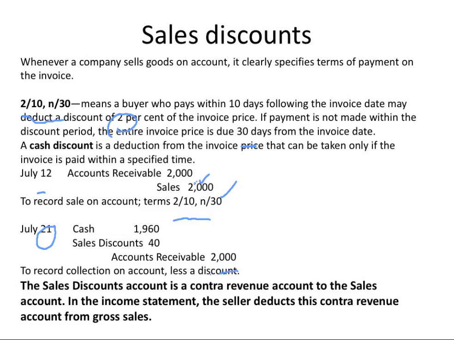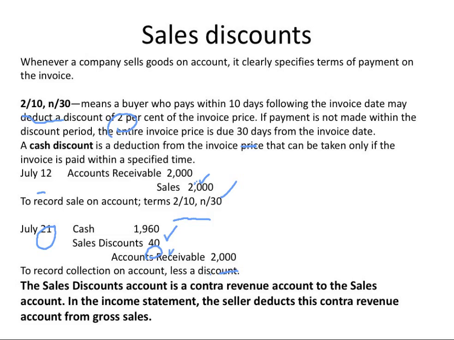But they didn't pay us $2,000 in cash. They took a $40 discount. That $40 discount is 2% of $2,000. So the journal entry would be the cash we did receive, debit $1,960, debit sales discount $40, and credit accounts receivable $2,000.